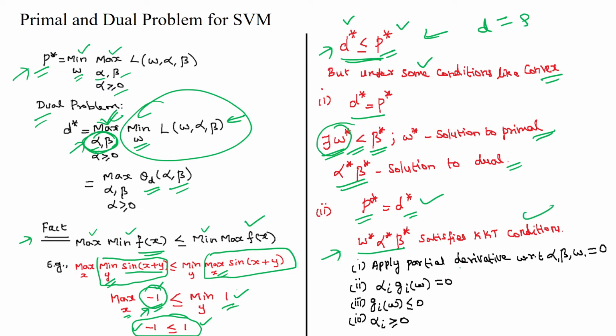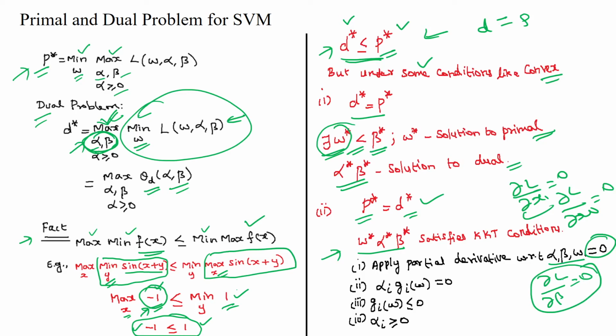First, we apply the partial derivative to all the constraints and the optimization function with respect to alpha, w, beta, and equate to 0. Like dou Lagrangian function by dou x1 equal to 0, dou Lagrangian function by dou w equal to 0, dou Lagrangian function by dou beta equal to 0.